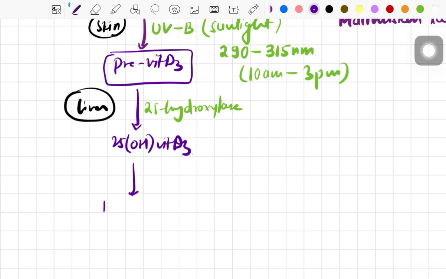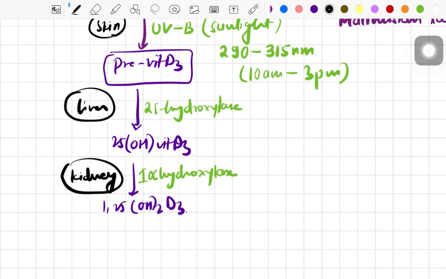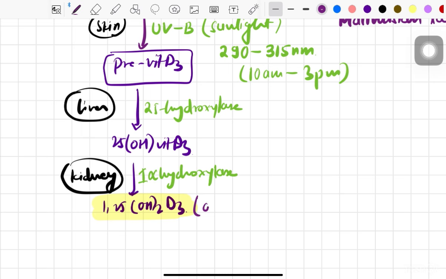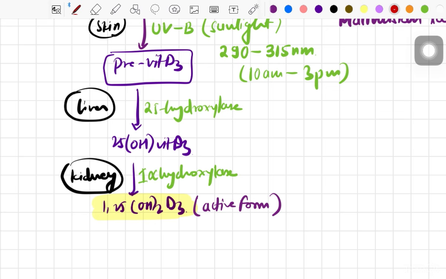After this, there is formation of 1,25-dihydroxy vitamin D3, by the action of the enzyme 1-alpha hydroxylase, which we have studied earlier, which is stimulated by PTH, and this process happens in the kidney. So the enzyme 1-alpha hydroxylase is present in the kidneys, and so our active vitamin D3, that is 1,25-dihydroxy vitamin D3, is formed. This is the active form of vitamin D3, and the half-life of this active vitamin D3 is just 6 to 8 hours.